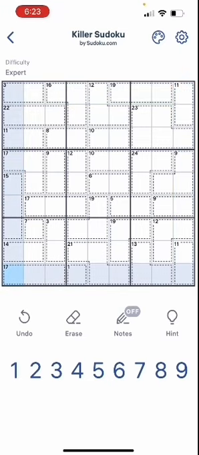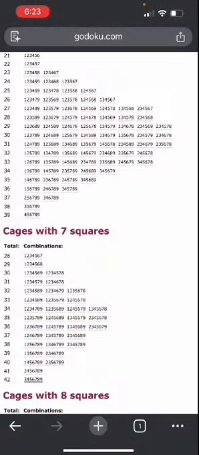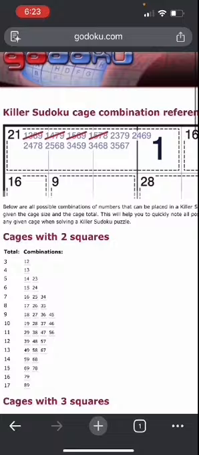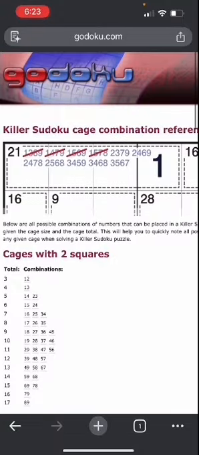But additionally, this is called a cage. The 2 numbers in this cage have to add up to the number in the corner. The 3 numbers in this cage have to add up to the number in the corner, and so on. Now, that's why I have this last app, Google Chrome, open. I've got it to a set of numbers or possibilities for every cage.